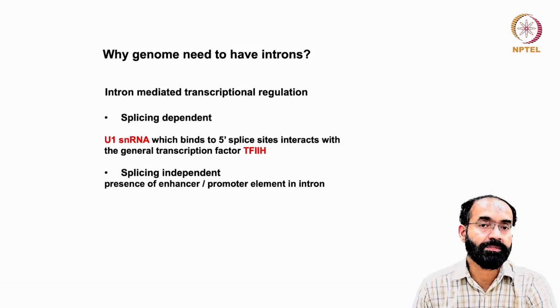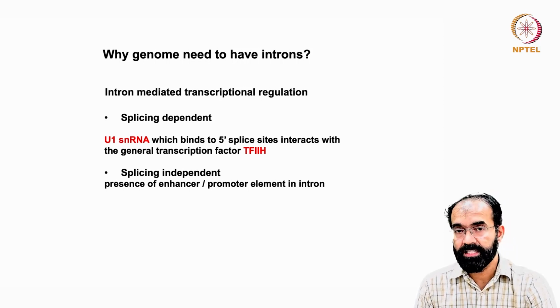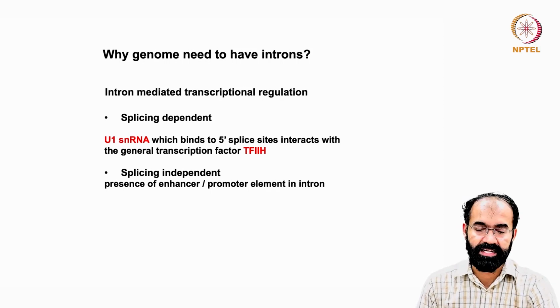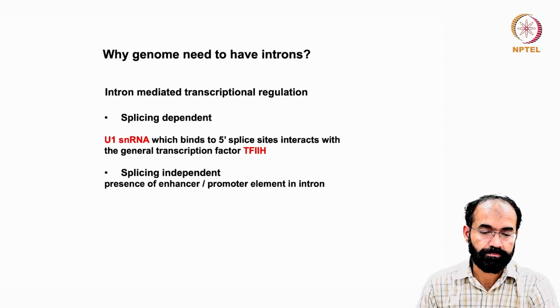Because RNA transcription is not completed. But if the first exon is small, then U1 snRNA binds and can interact with TFIIH, because the newly formed RNA is still in the vicinity of the DNA itself. It hasn't come out very far.